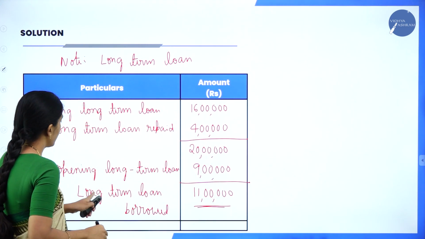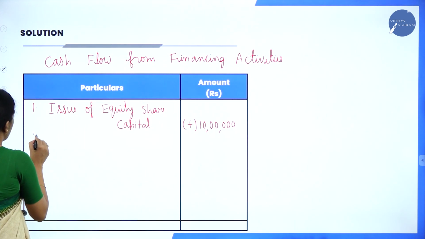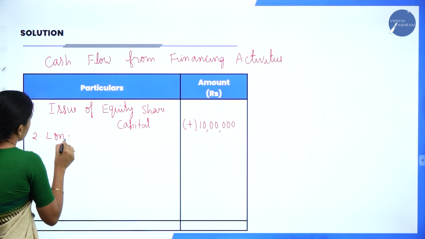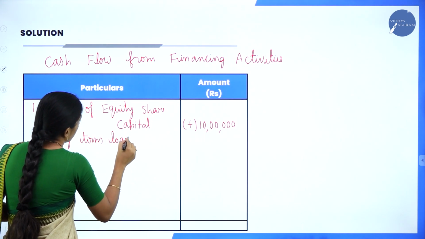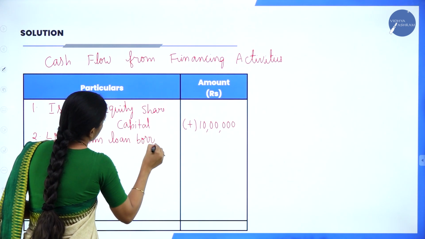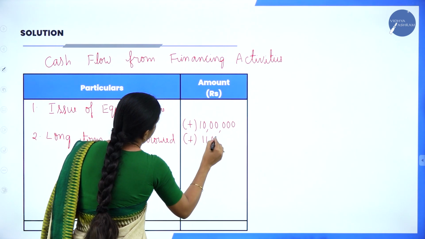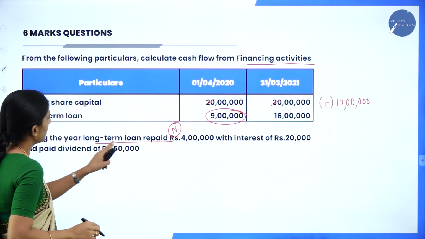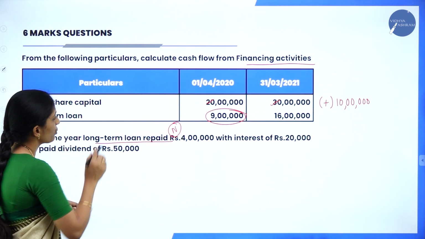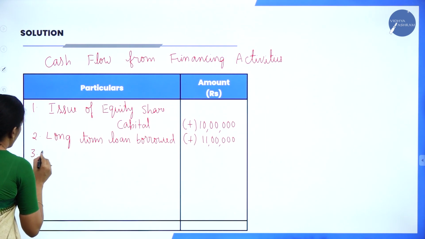Next is related to long-term loan borrowed, that is plus 11 lakh. Then we have during the year long-term loan repaid, so minus 4 lakh. So third one is long-term loan repaid.